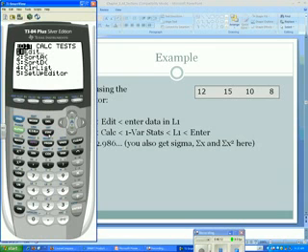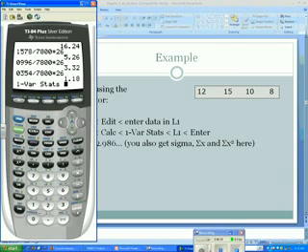So Stat, and then I'm going to use the right arrow to scroll to Calculate, and then 1 is already selected, and that's what I want, 1-Var Stats, so I'll hit enter. I could type in second 1, which will give me L1, or I could just leave it as 1-Var Stats. That would give me the same thing, because by default 1-Var Stats will do L1.